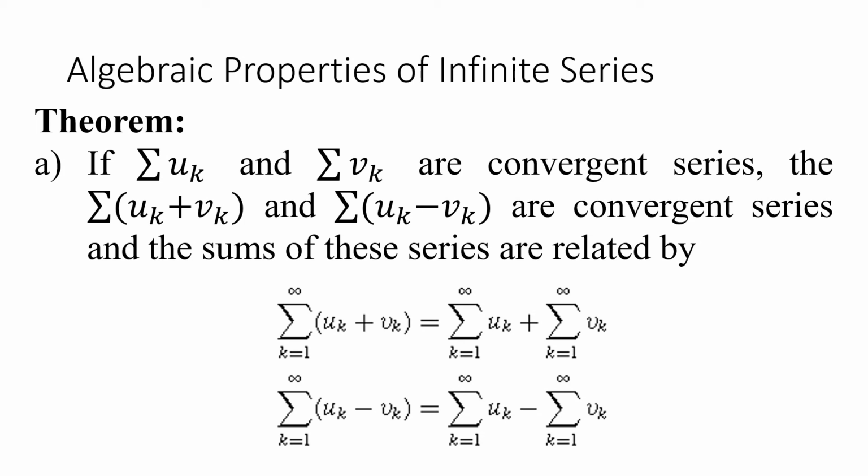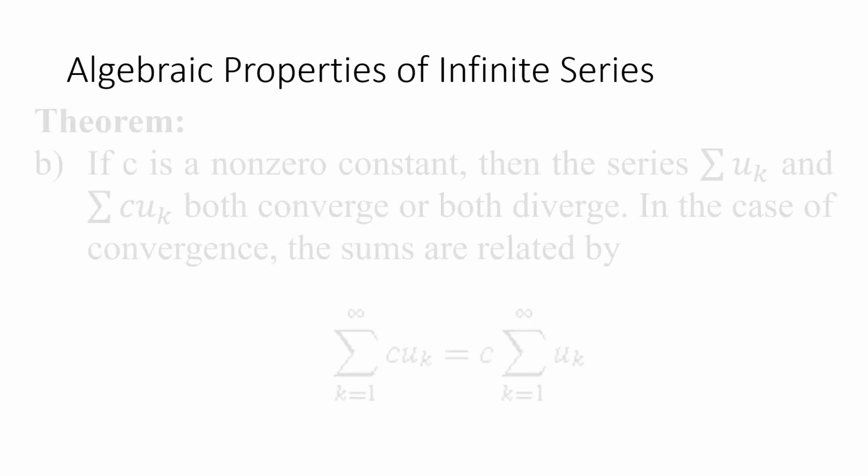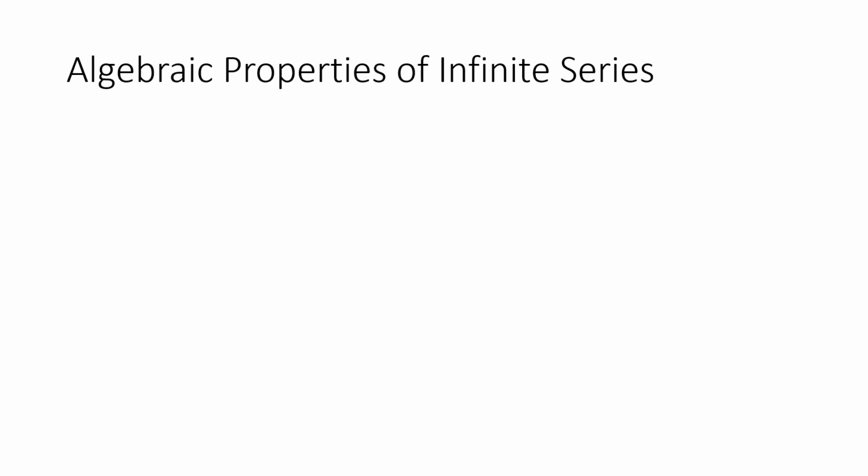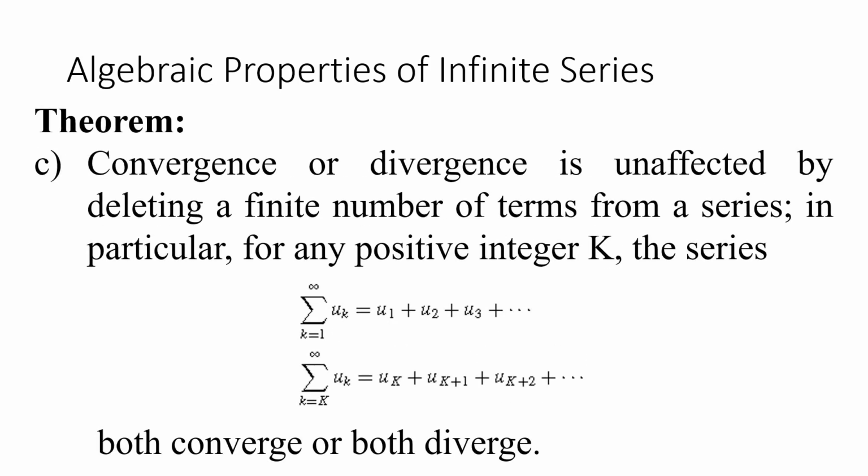Then you have the difference, and if c is a non-zero constant, then the series u sub k and c times u sub k both converge or both diverge. In the case of convergence, the sum is related by this one. Then convergence is unaffected by deleting a finite number of terms from the series. In particular, for a positive integer k, the series both converge or both diverge.